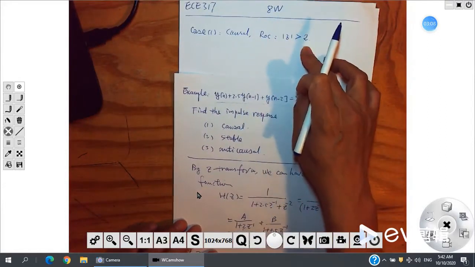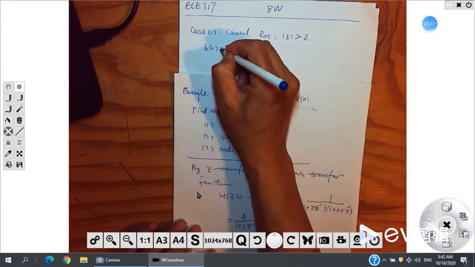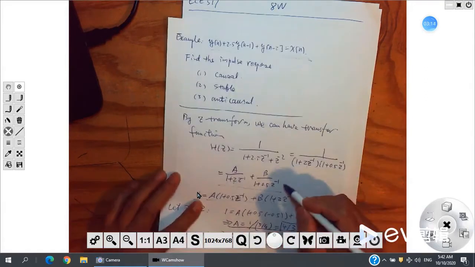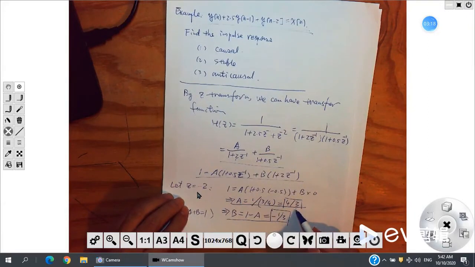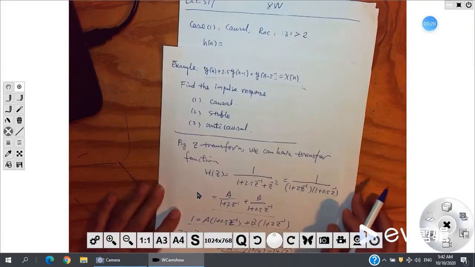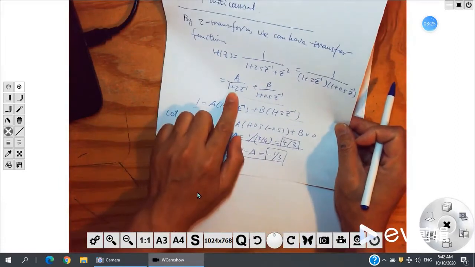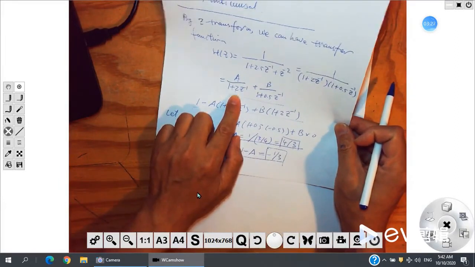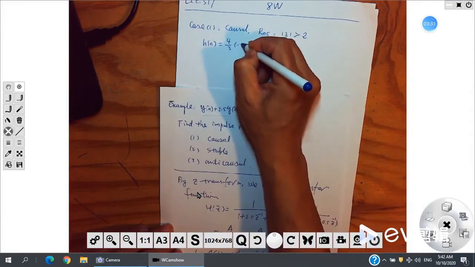By this RC, then we can have h of n equal to this. A is 4/3, so let me see, this is a 1 plus 2. Okay, so this is a 4/3 plus 2. Here should be minus 2.